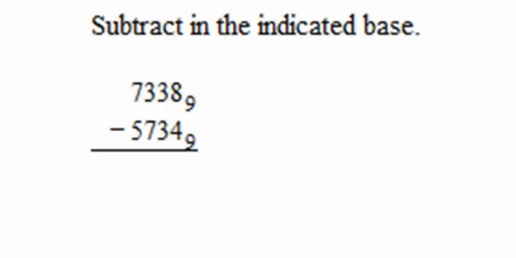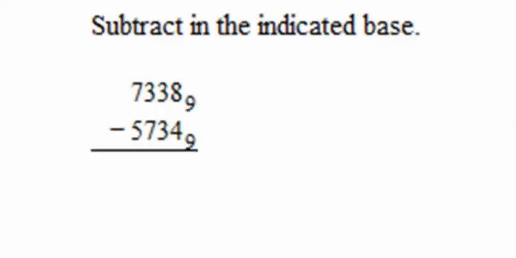This video is from section 4.4 in MGF 1107 when we are subtracting in bases other than base 10. So in this example we are subtracting two values, 7338 in base 9 minus 5734 in base 9.